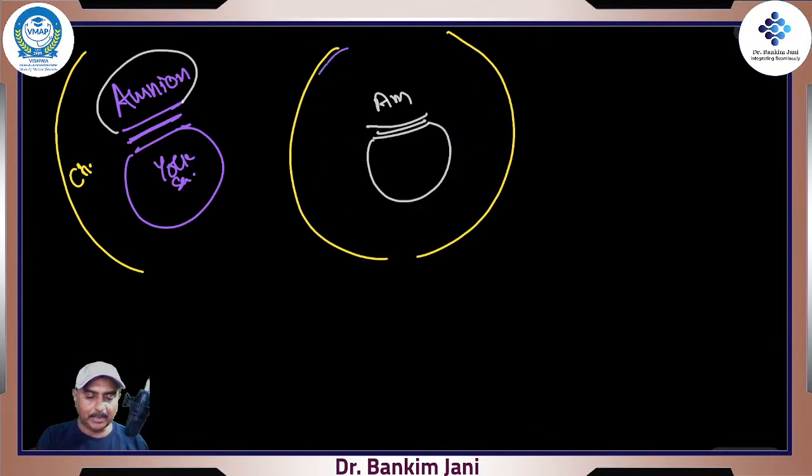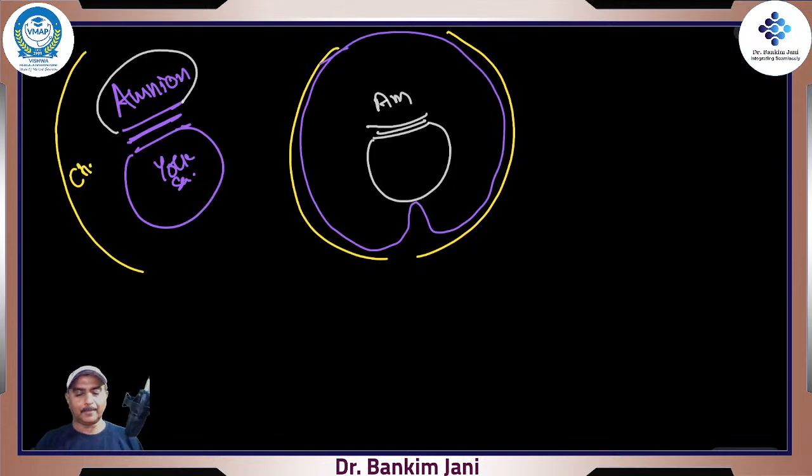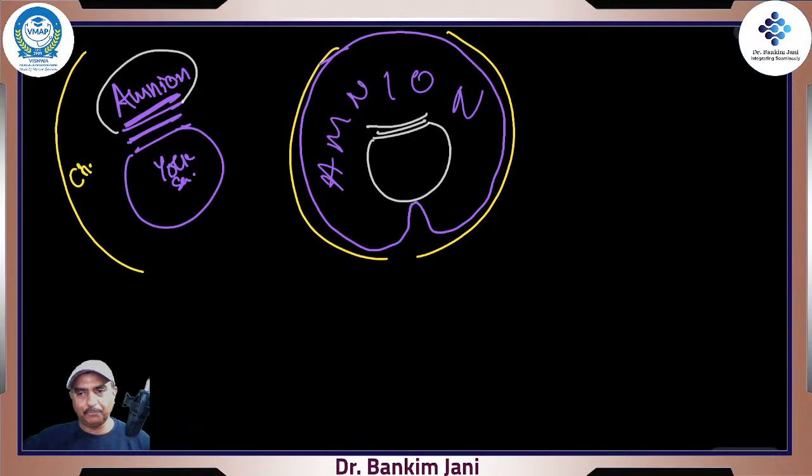At one point, it goes like this. Got it? So that's how it has covered everything. So the amnion, which was over here, now this is the whole amnion, and it has compressed the chorion fully. Meantime, things don't remain just like this.